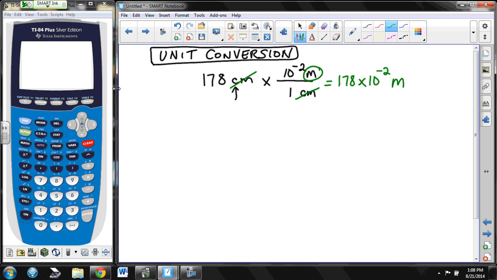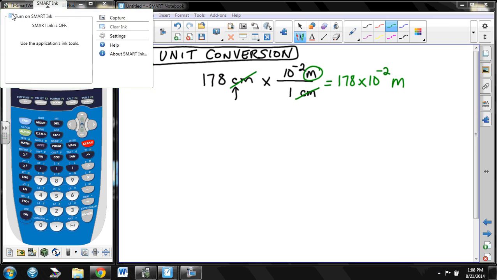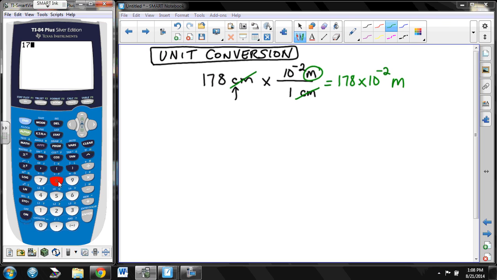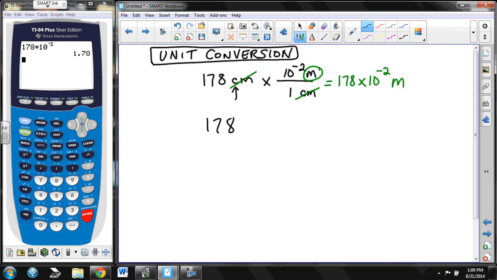So, in our calculator, if we type in 178 times 10 to the negative 2 power, our calculator tells us that's equal to 1.78. So I can come over here and write this answer as 178 centimeters is equal to 1.78 meters. So that's nice. Now we have the height of the basketball player in meters.